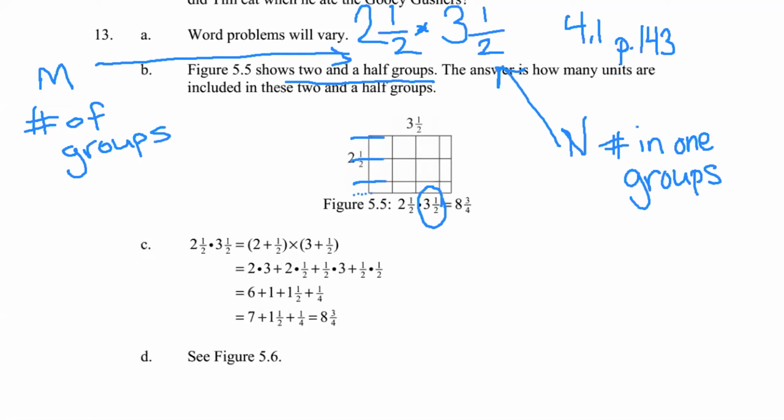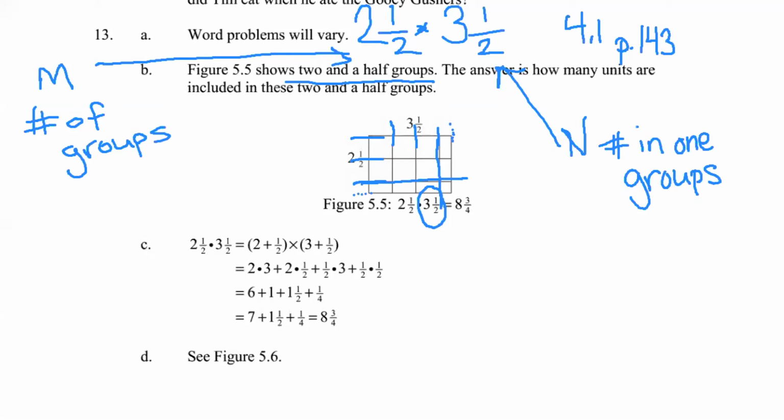And then in the columns, we have a whole, 2, 3, and again a half. So we're getting 3.5 by 2.5, or 2.5 times 3.5. Then part C is the math and part D is the more information. So however you word your problem, you want to focus on 2.5 being the number of groups and 3.5 being the number in one of those groups.